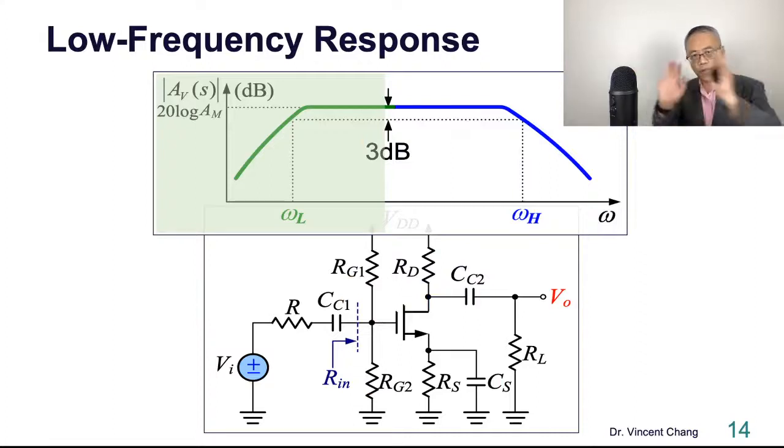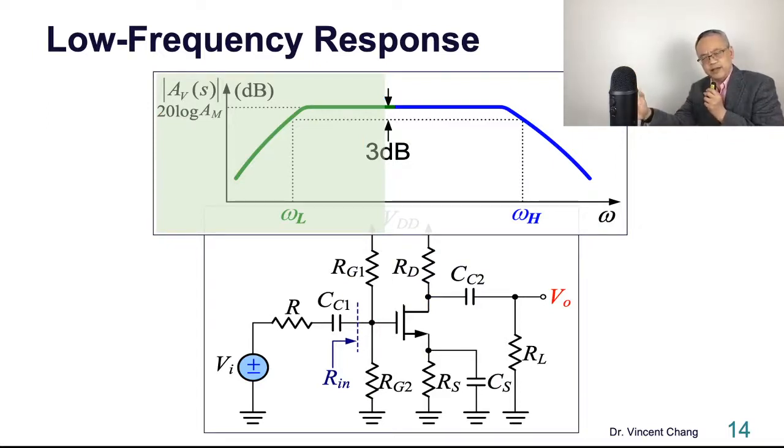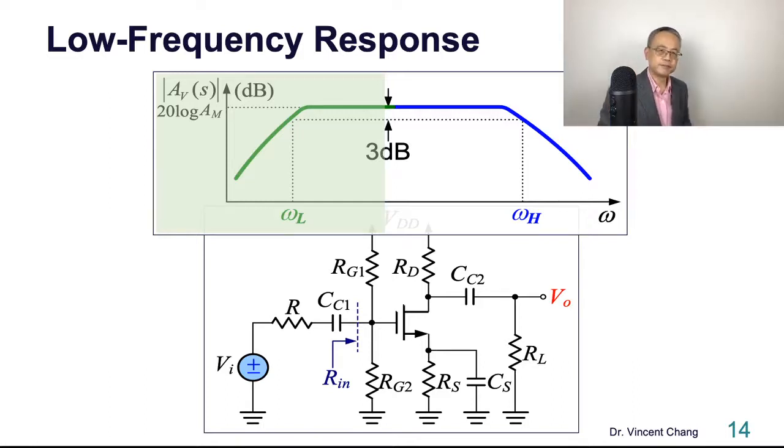Then if you move to the other side, the low frequency end, why will the gain decay at low frequency? It's also frequency dependent behavior. Another frequency dependent device influences the performance of the circuit. What type?